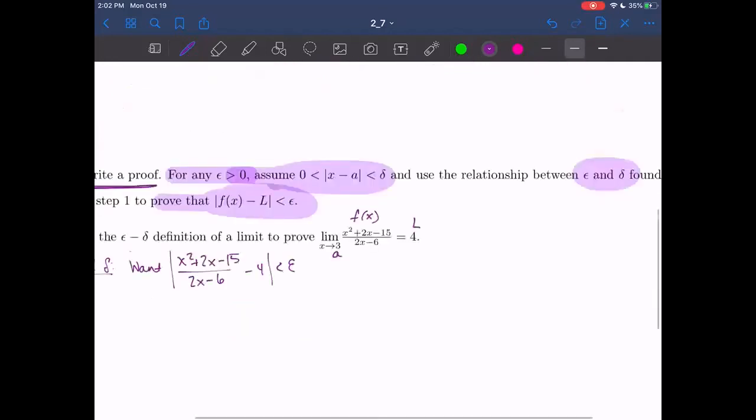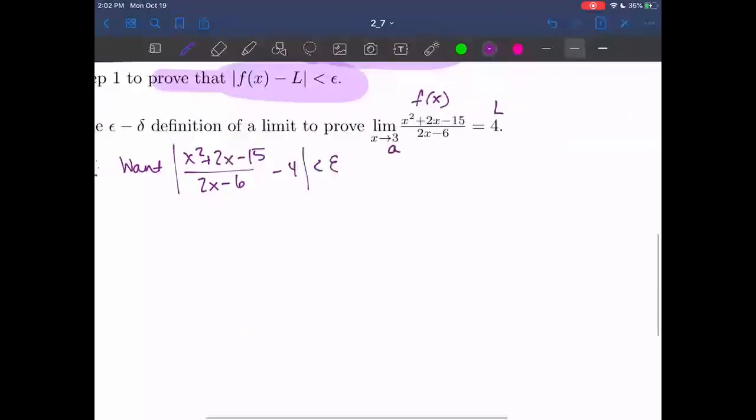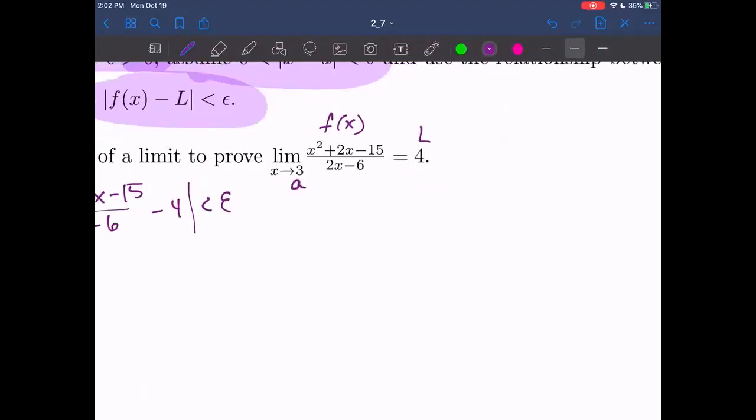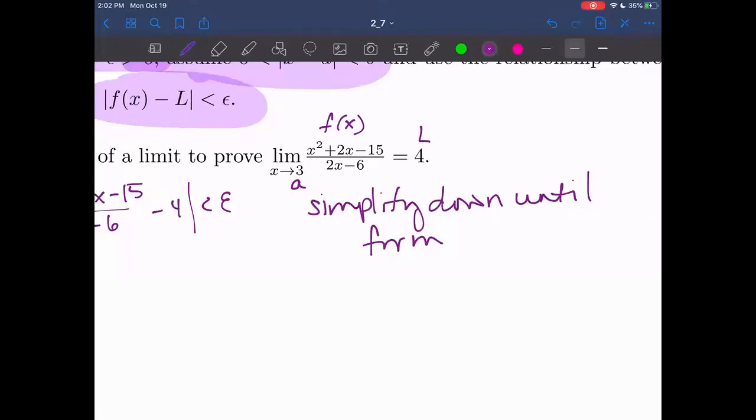So we're going to take this and simplify down until we get something of the form absolute value of x minus 3 is less than something times epsilon.